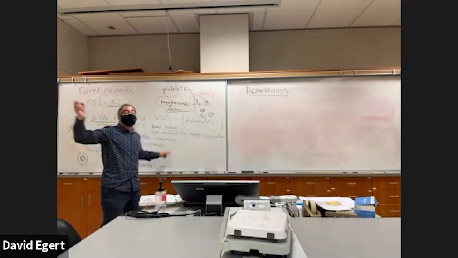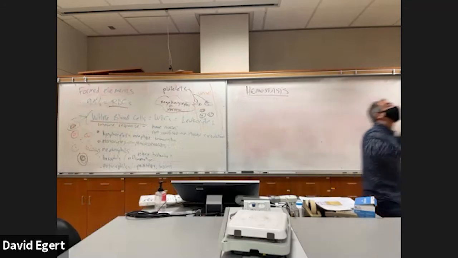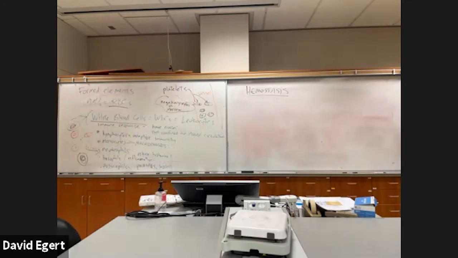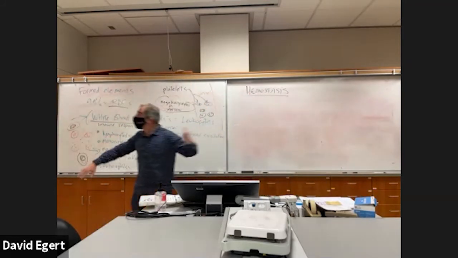So normally, if blood is going through a vessel and the vessel is intact, what's the only thing the blood is ever going to see? Looking around the walls of the vessel, I'm inside a blood vessel. What's the roof? What's the floor? What are the walls?